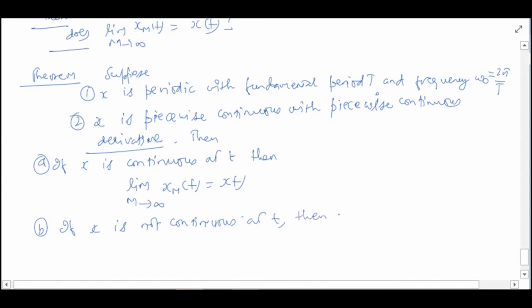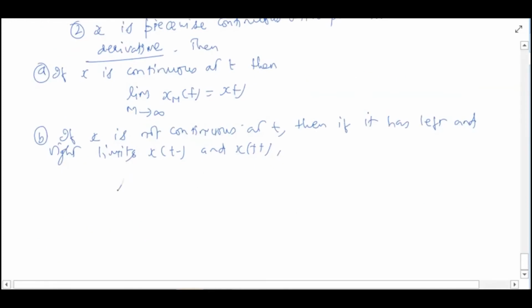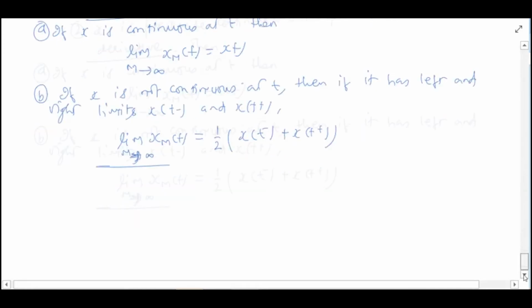Then if it has left hand and right hand limits, x(t minus) and x(t plus), as M tends to infinity, still the sequence x_M(t) converges, but it converges to the mean value of these left and right limits, x(t minus) plus x(t plus) over 2. Okay, so let's see a couple of examples.